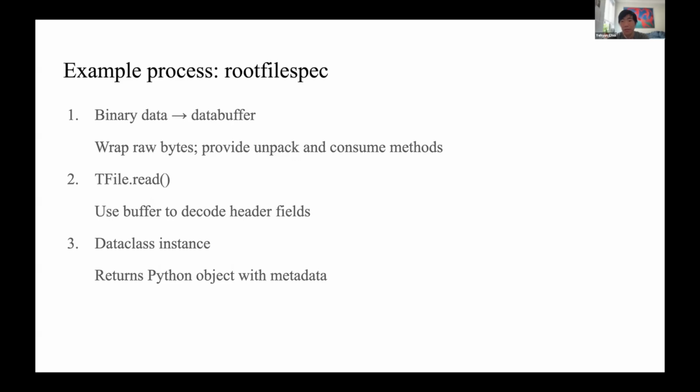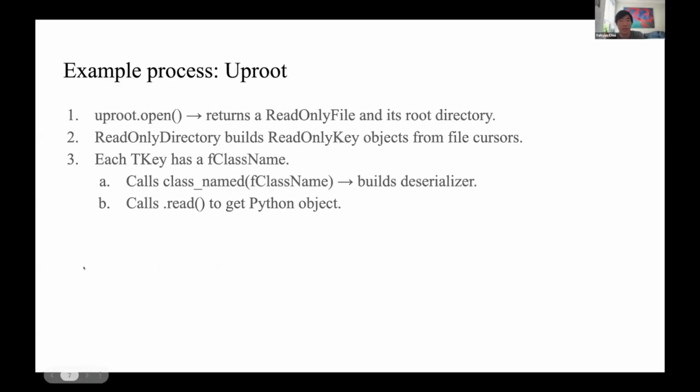The buffer has methods like unpack, which, if you know Python, just uses the struct module to decode values, and that also returns a slice of bytes. When you call tfile.read, it uses a buffer to pull out the header fields. When these are read, rootFileSpec builds the data class. So the pipeline goes from raw bytes to buffer to decoded fields and a structured Python data object.